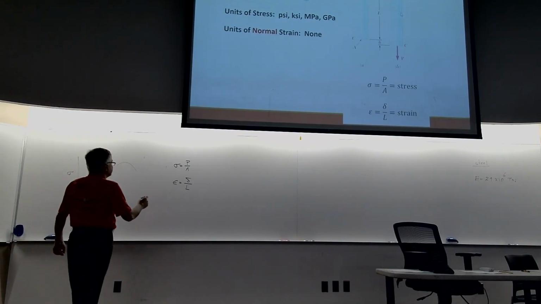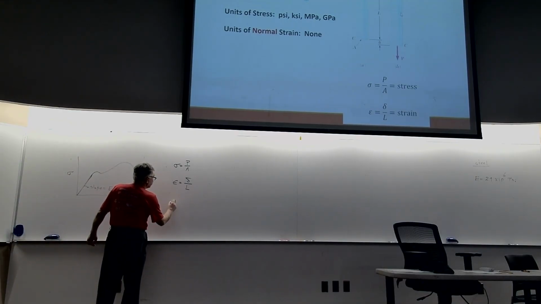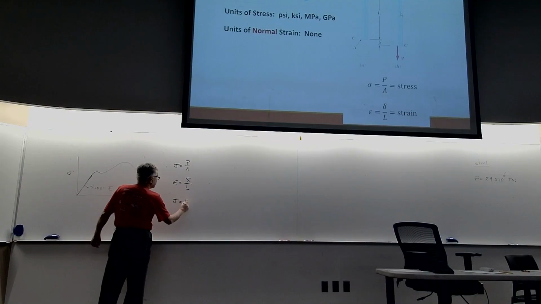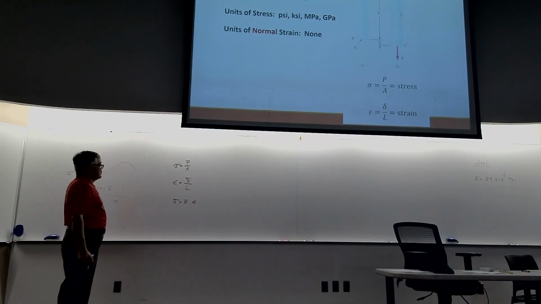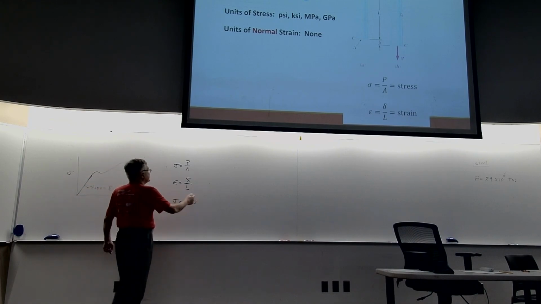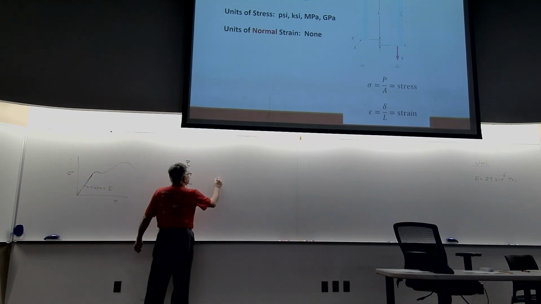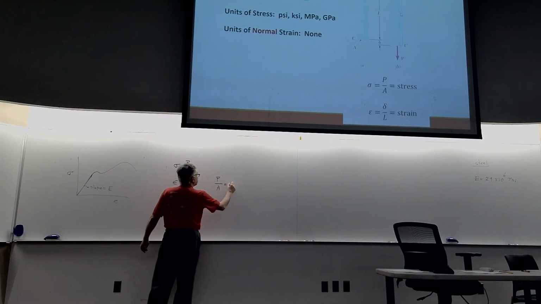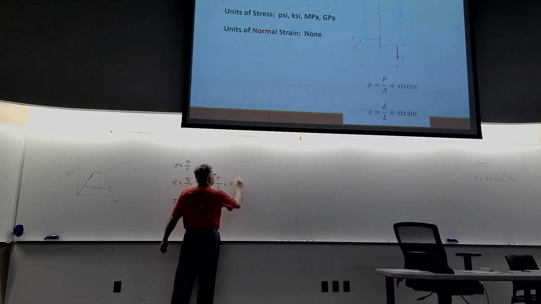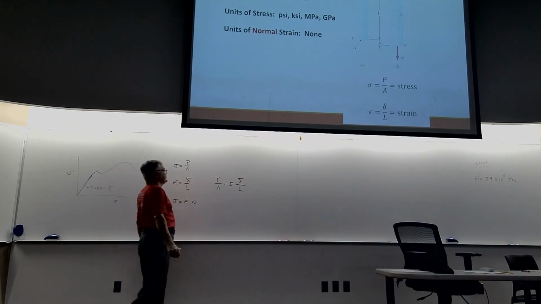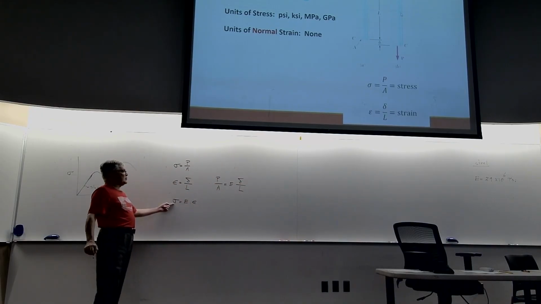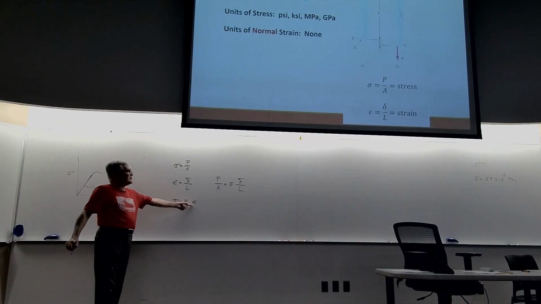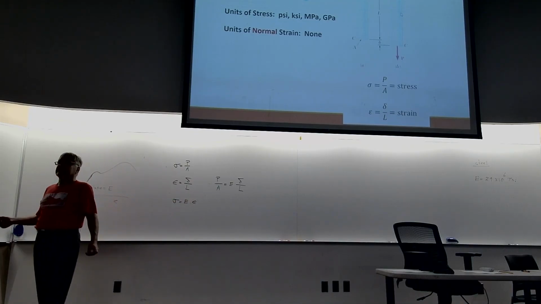And now we have Hooke's law, sigma is E times epsilon. So if we plug these into here, we will have P over A is E times delta over L.